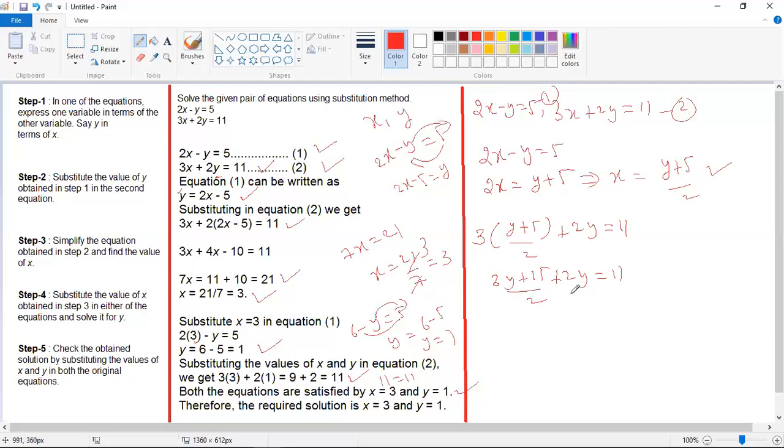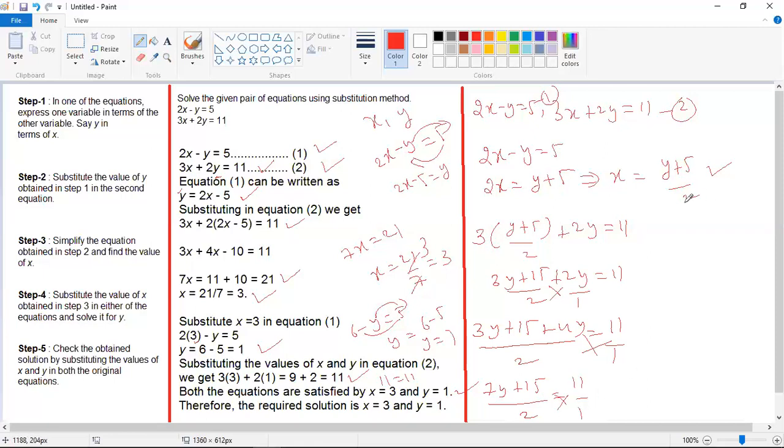Now let's do the multiplication: 1 into 3y, 3y plus 15, and 2 into 2y, 4y, by 2 is equal to 11. Let's do cross multiplication. What do we get? 3y plus 4y, 7y plus 15, by 2 is equal to 11 by 1.